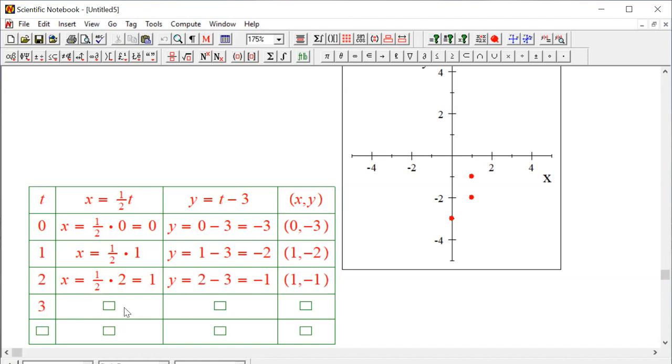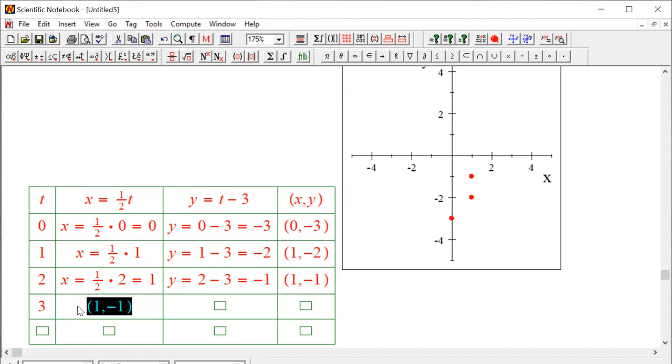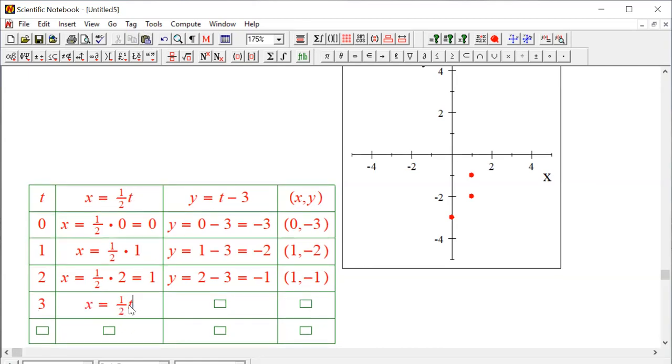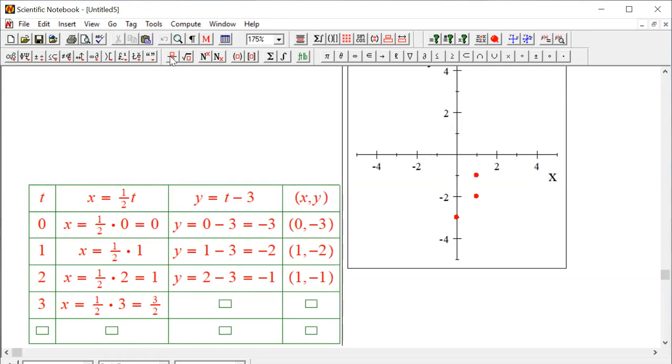At moment 3, we will have these two functions, and t is replaced by 3. x is half of 3, that's 3/2, and y is equal to 3 minus 3, that's equal to 0.